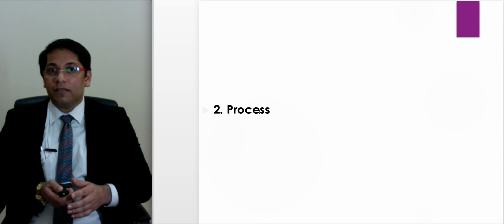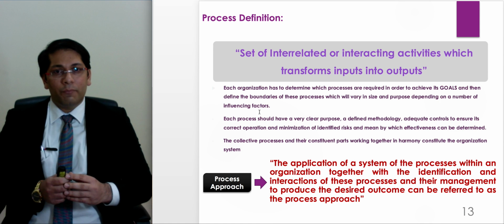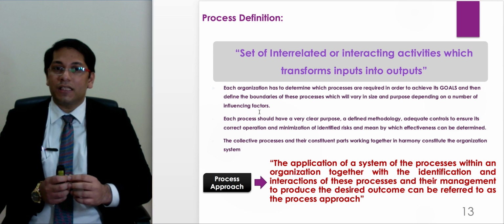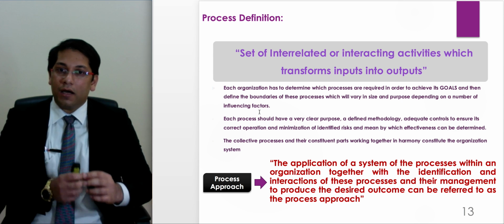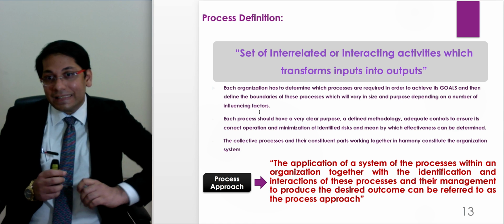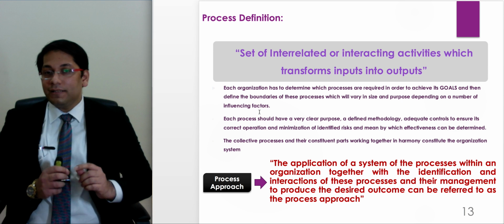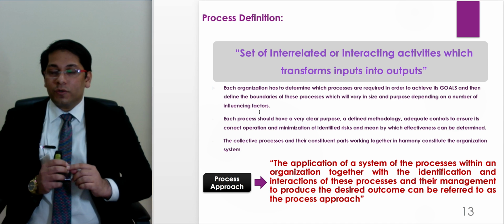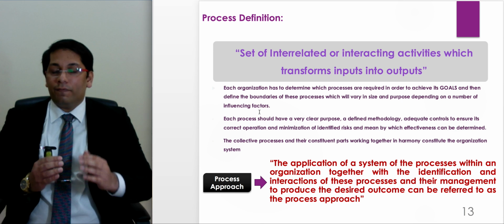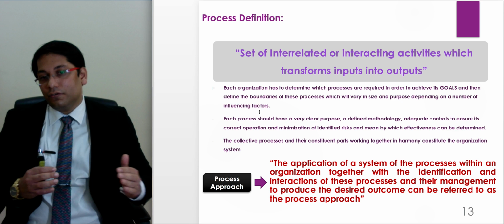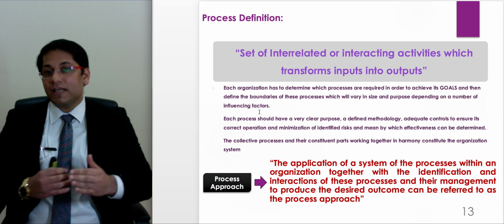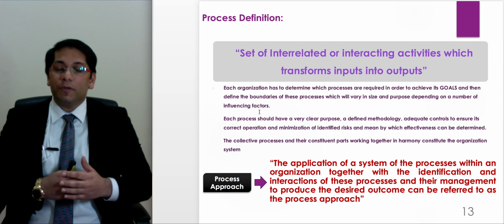Just to reiterate the definition, a process is a set of interrelated or interacting activities which transforms input to output. I also mentioned something here called process approach, where I insist on having interrelated activities and well-defined processes, rather than disconnected activities, which talk to each other at each stage so that your transition is smooth from one stage to another, which improves the quality of the output.